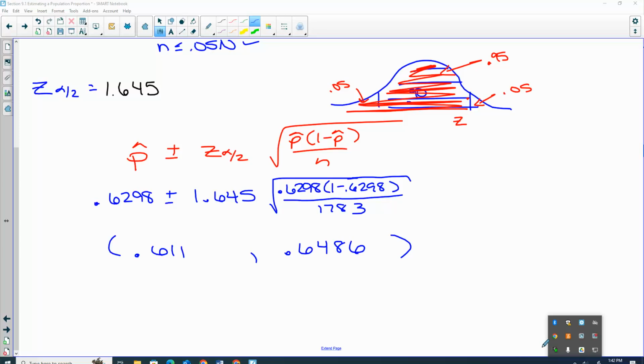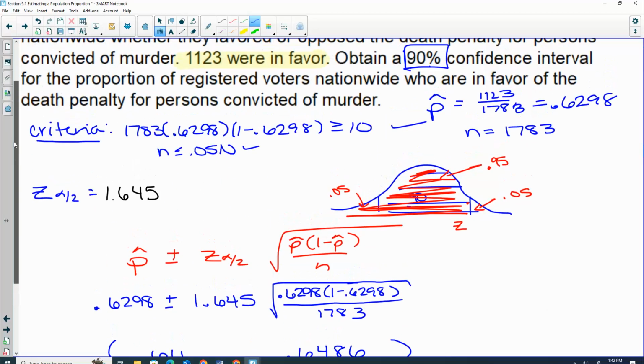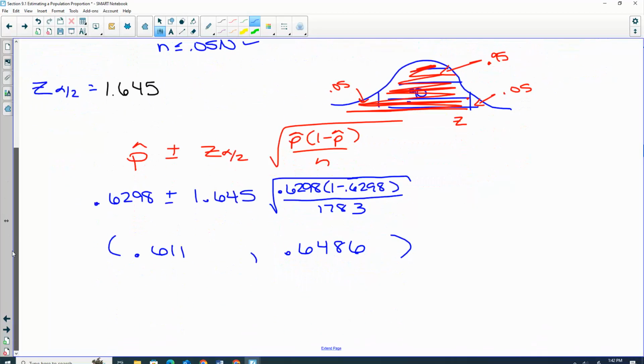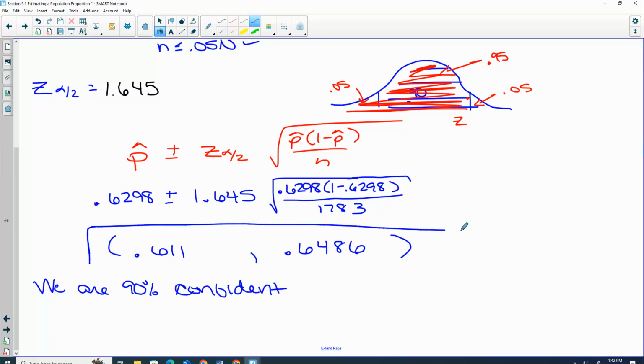So what this means, this was a 90% confidence interval, right? So it means we are 90% confident. What was this measuring? True value.